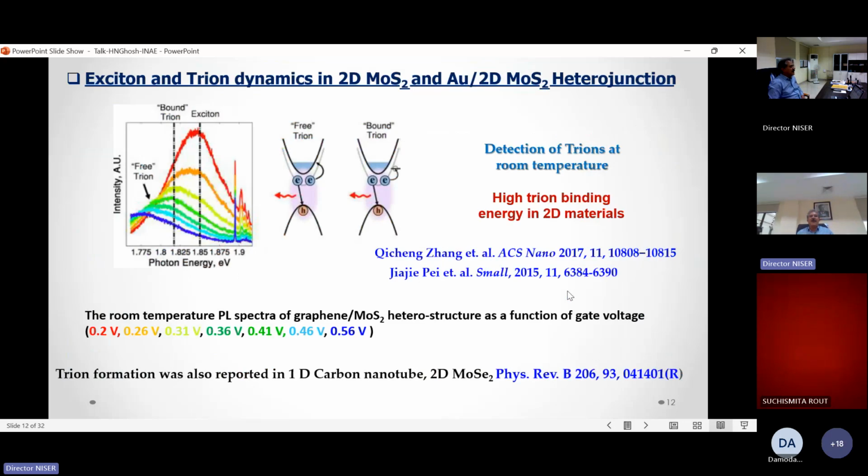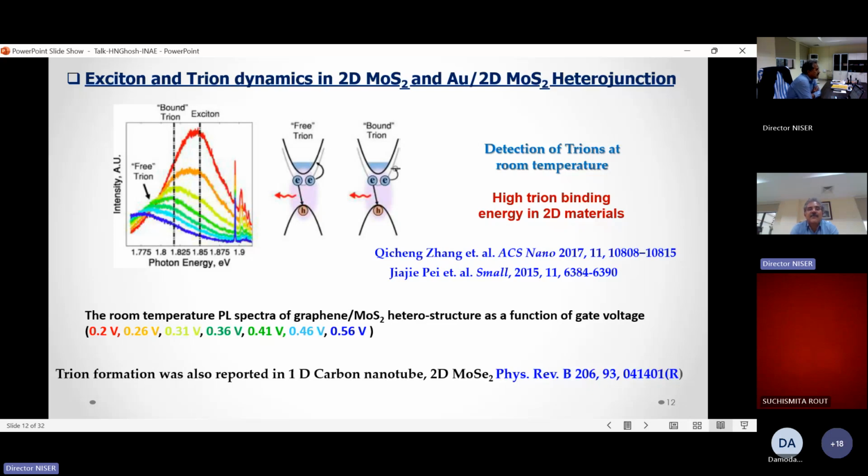I saw a paper that came for review quite some time back, and I figured out that somebody did a luminescence study where they took MoS2 and graphene and applied voltage from 0.2 volt to 0.56 volt.